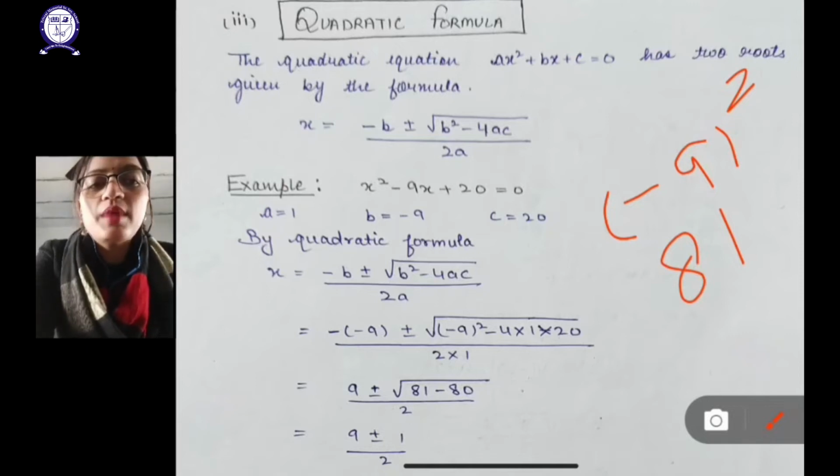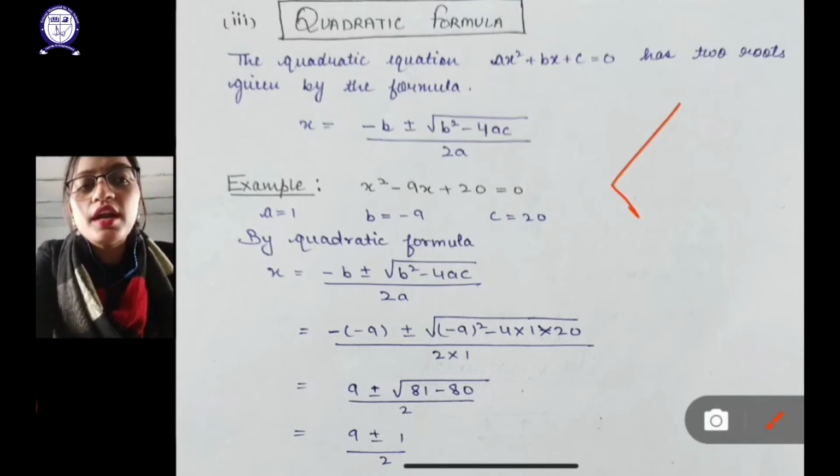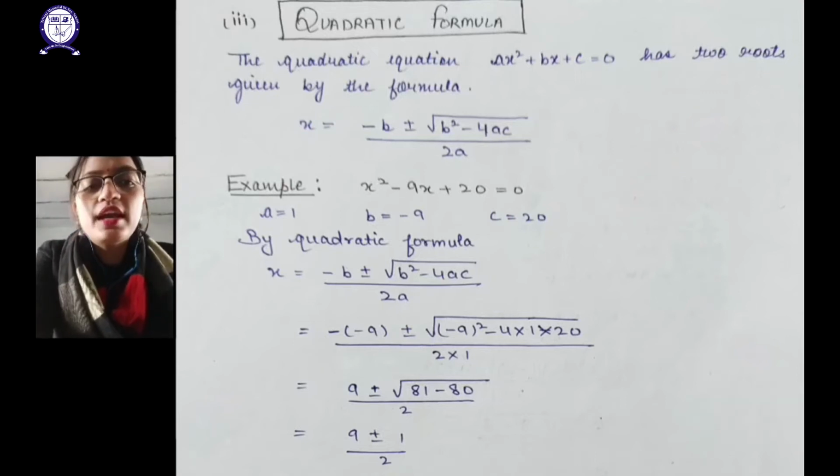So 81 minus 4 into 1 into 20, which is 80, so 81 minus 80, divided by 2. Now 81 minus 80, we all know, is 1. So under root 1. It doesn't matter whether we write it as under root 1 or as 1, because the root of 1 will become 1 eventually. So we will write 1.